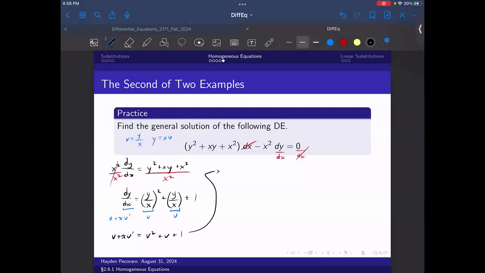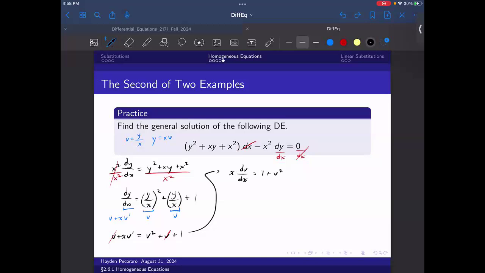Yet again, the linear power of v cancels out. And we get x dv dx equals 1 plus v squared. And as the theorem says, this is separable. Bring all of this stuff to the other side and bring the x down there.